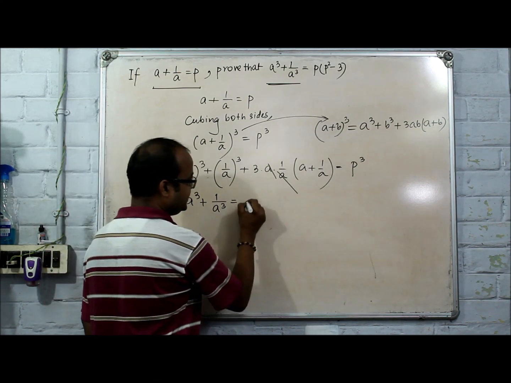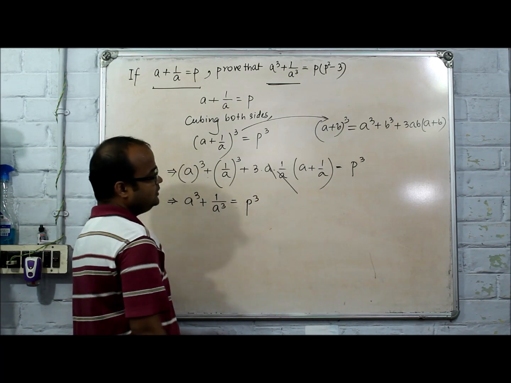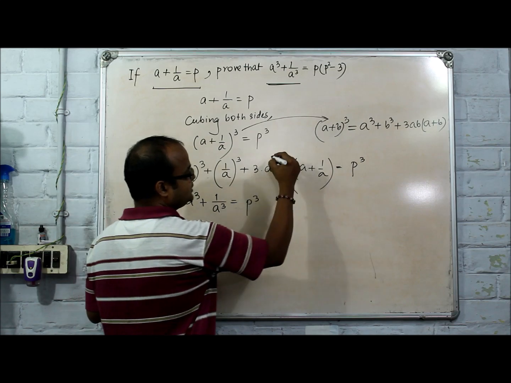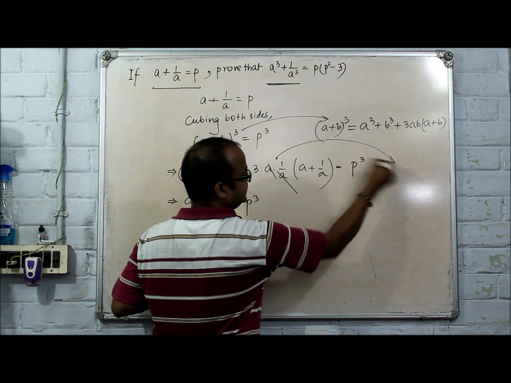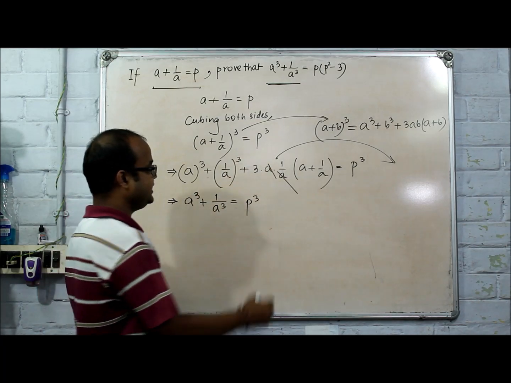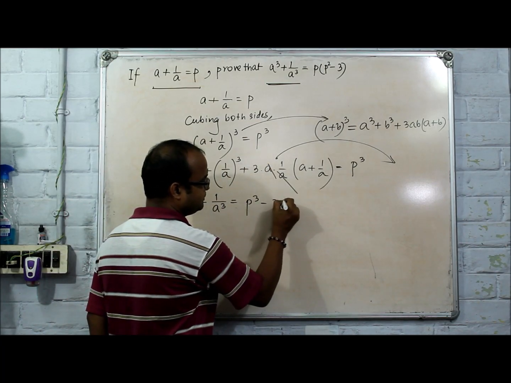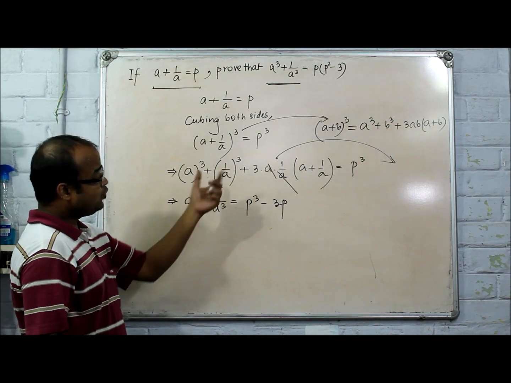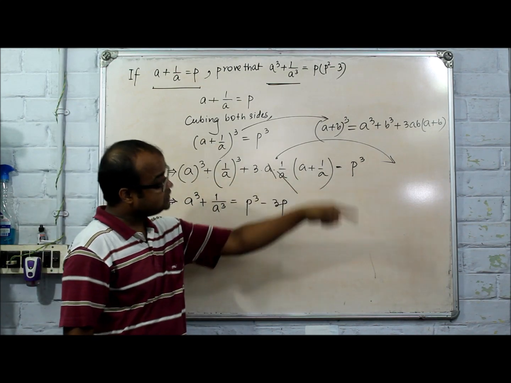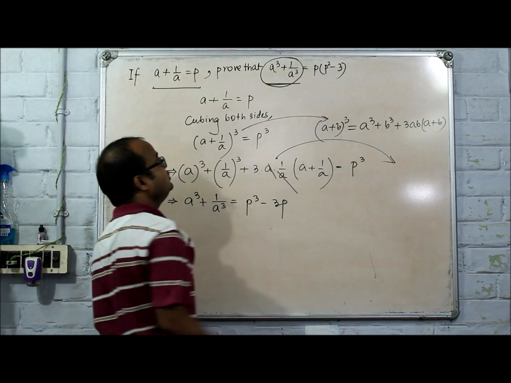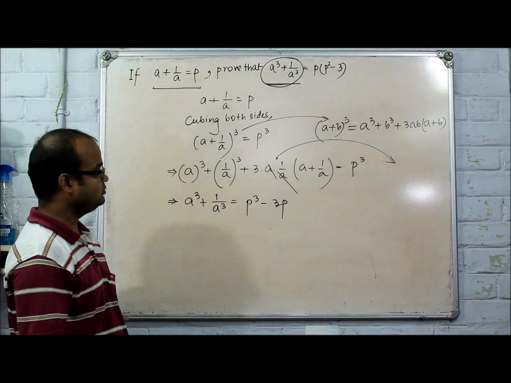Now see, this is p cube. Now a plus 1 by a is equal to p. So if you take this term to the other side, it will be 3p, and when we change the side, it will be minus 3p. Now, why am I taking this term to the other side? Look at the proof. It consists of only a cube plus 1 by a cube.